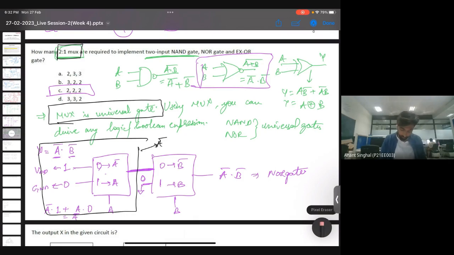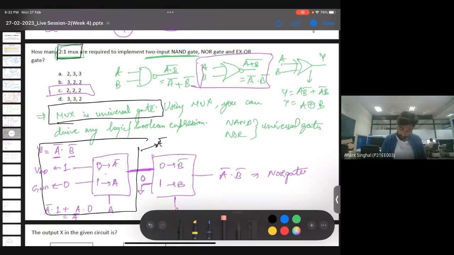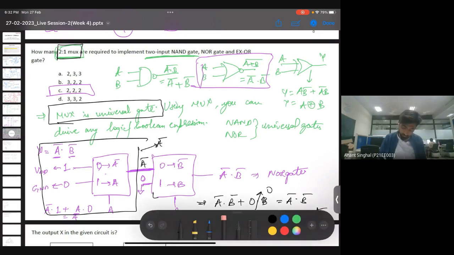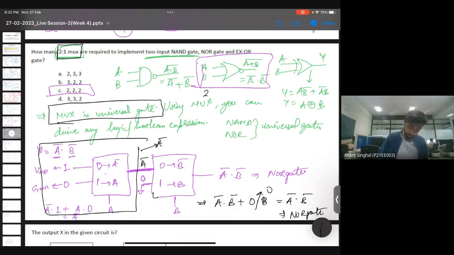Now A bar is connected to the second mux and we have connected ground to the other input, so it is A bar into B bar plus 0 into B. The second term becomes 0 and we get A bar dot B bar, which is a NOR gate. So for NOR gate we required 2 2 cross 1 mux.